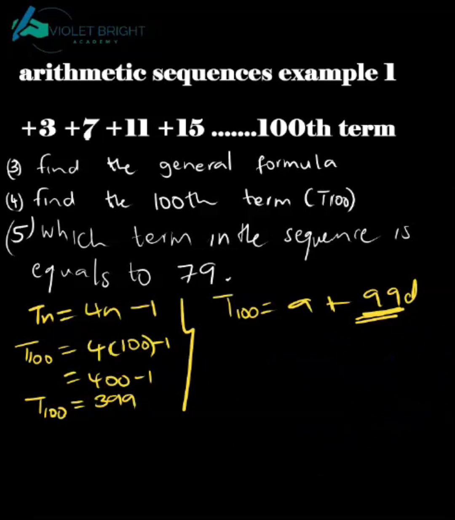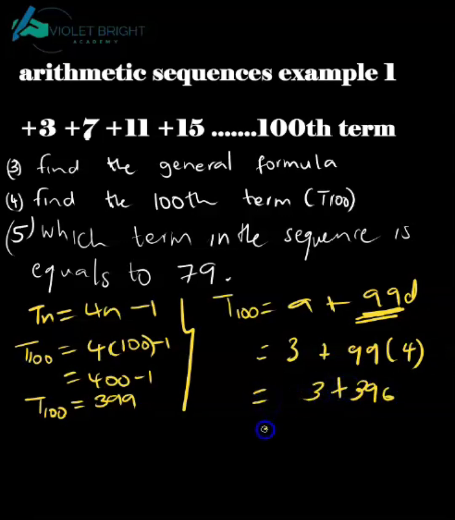So to check if this is gonna give us the same answer or not, let's just try to check. So we know that our A is 3 plus 99, D is 4. So let's try to use the calculator. 99 multiplied by 4 is gonna give us 396 plus 3. It's gonna give us 399. So you can see whether you use the left one or the right one, it's still gonna give you the same thing.